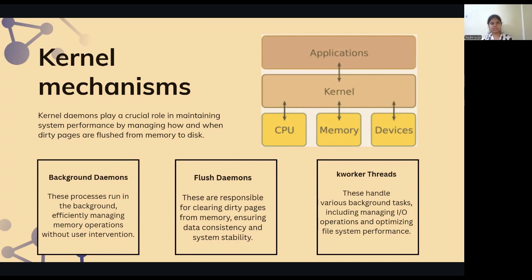These are general purpose threads that handle various background tasks like managing I/O operations and boosting file system performance. So even if users don't run sync, the kernel handles everything smoothly, writing back the data as needed. Together, these mechanisms make sure that the system is fast, safe, and smart, even when we don't notice it.